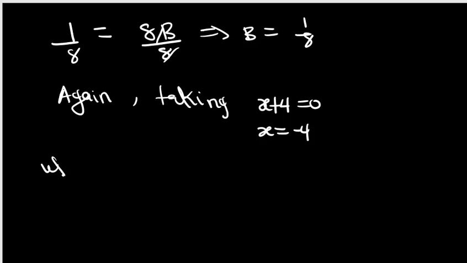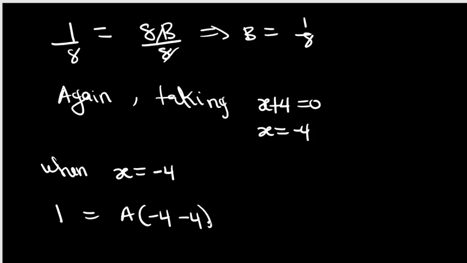So once again, when x is equal to negative 4, we will be having 1 being equal to a, you have negative 4 minus 4 plus b, you have negative 4 plus 4.